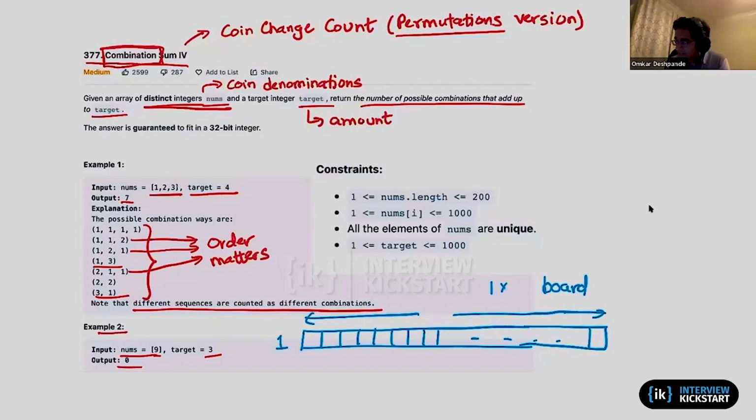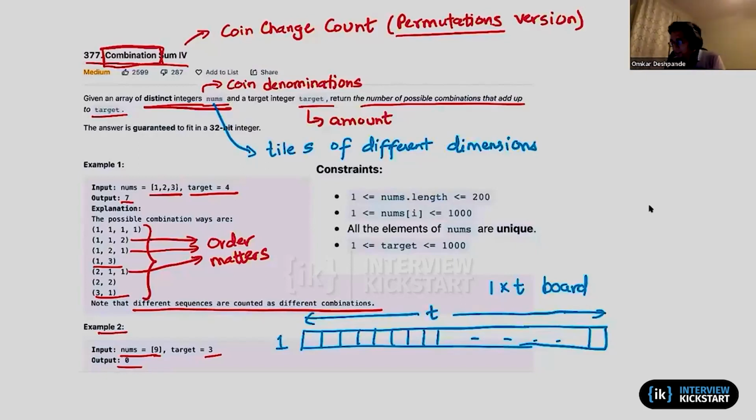You're given a bunch of tiles in the form of this array nums, and you can think of them as tiles of different dimensions. So, for example, if the nums array is 2 comma 3, that means you have two different types of tiles. You have a 1 by 2 tile and a 1 by 3 tile.